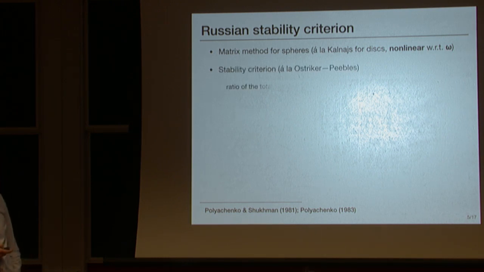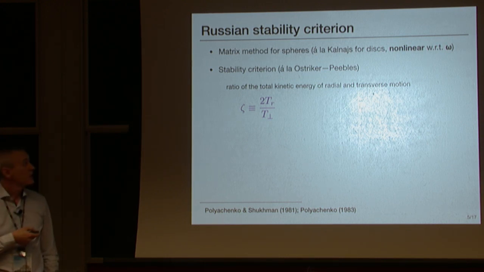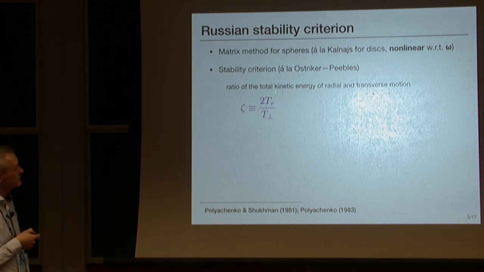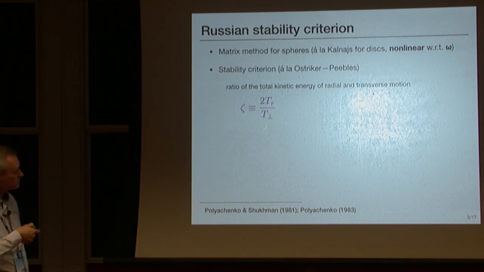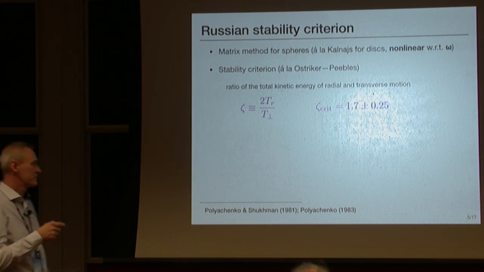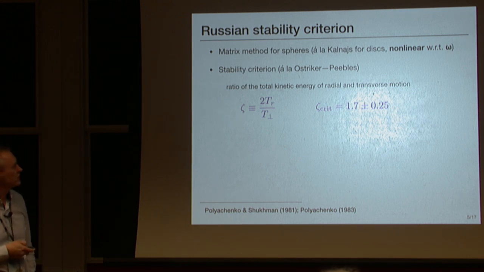The idea was to establish a stability criterion in terms of global parameters, similar to Ostriker and Peebles for disks. The global parameters were total kinetic energy in radial and transverse direction. So when this ratio is larger than 1.7 or plus minus something, the system should be unstable.